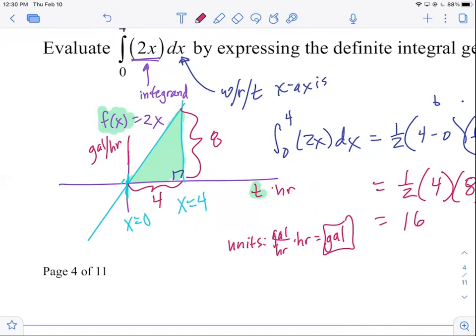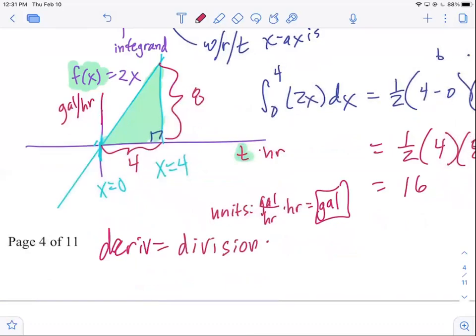You can always figure out the units of the derivative by dividing, right? The units of the derivative would be gallons per hour, or gallons per hour squared. Okay, so very important. The derivative is division. We want to try and make a connection between the two. So that would be gallons per hour.